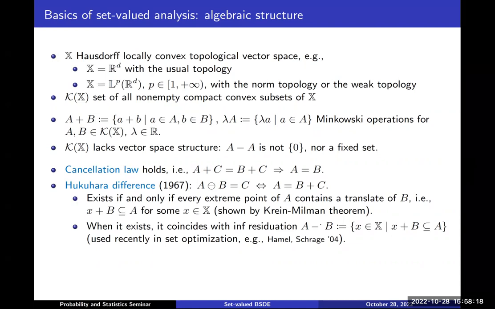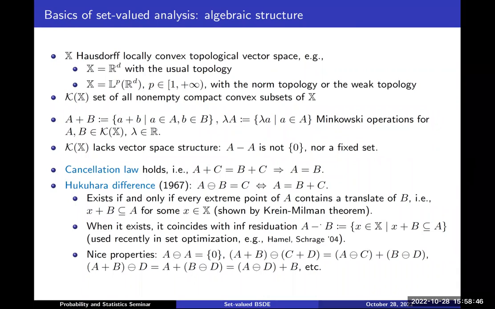And indeed, when it exists, it coincides with another notion of set difference called inf-residuation. So A minus B in this case is defined as the set of elements with which you shift B, the second set, and then it becomes a subset of A. So you just try to move your second set so that it lies inside A, the first set.